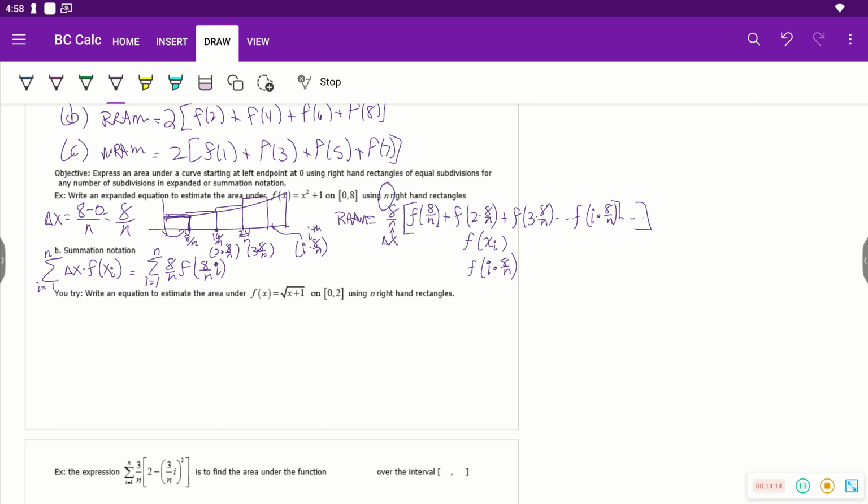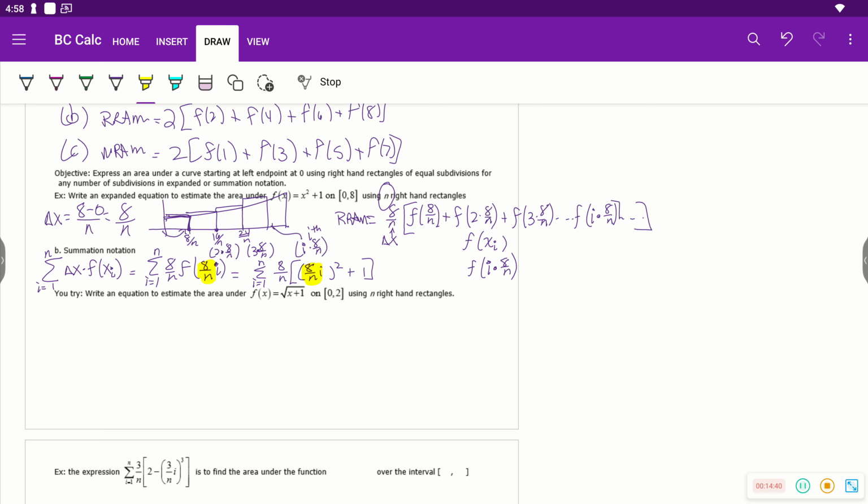Now I'm going to go a little more specific. In this case, the function is blank squared plus 1. And so inside is the 8 over n, i times, that guy right there. That's what I'm putting into the function each place in terms of x.